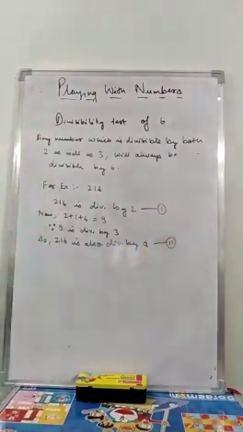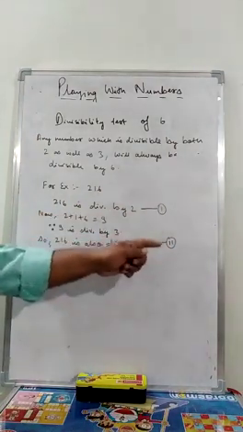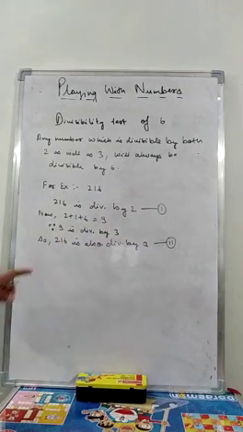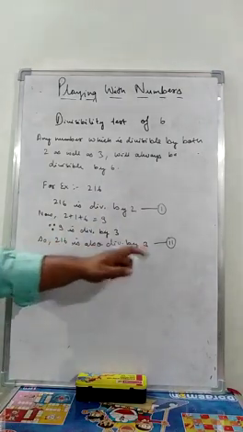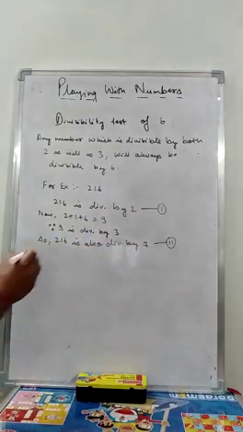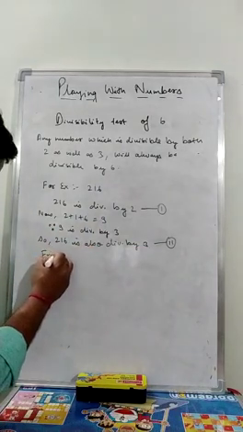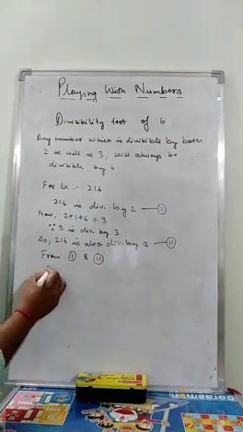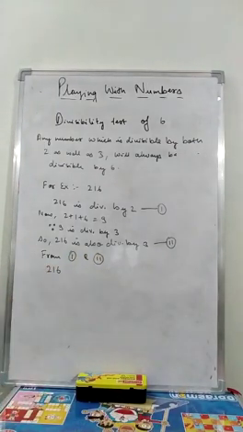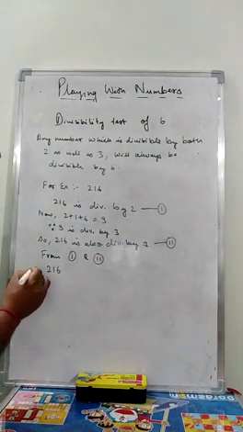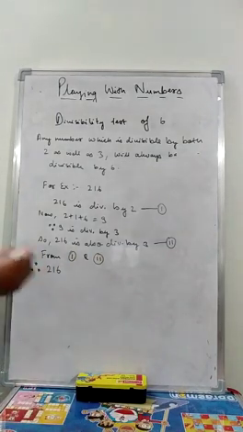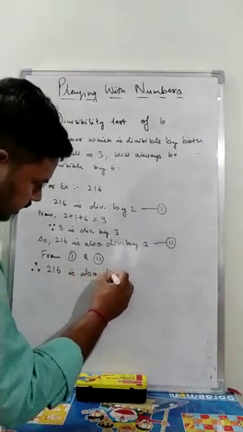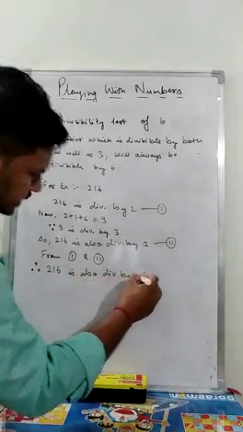So see, this is equation 1, this is equation 2. So from 1 and 2, what you are coming to know? 216 is divisible by 2 as well as 216 is divisible by 3. Therefore 216 is also divisible by 6.